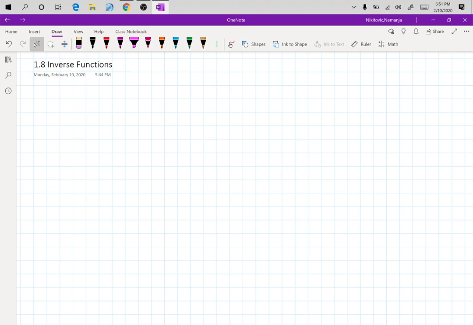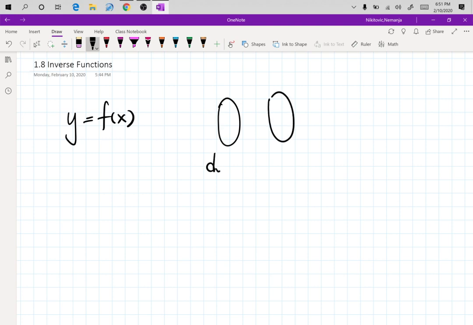So, when we say y equals f of x, we mean that from the domain, you take an x value, and you map that x value into a certain y value in the range. What we are learning today is that you can use the f inverse, which is f raised to the minus 1, to undo that calculation.